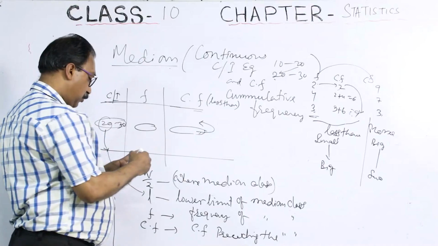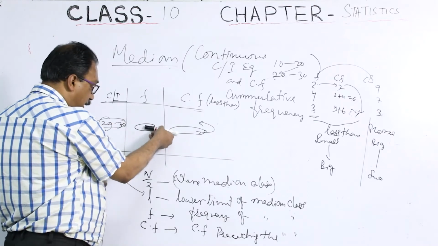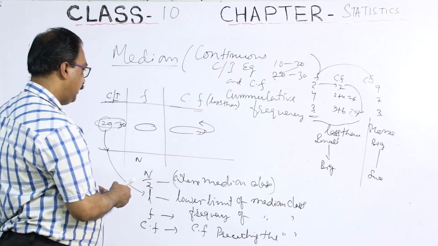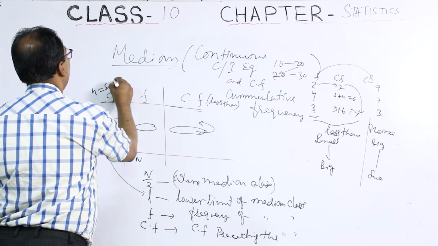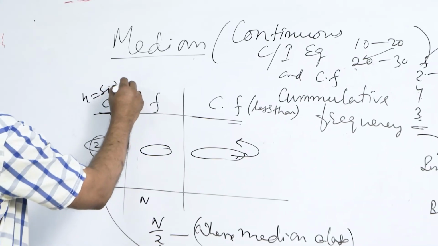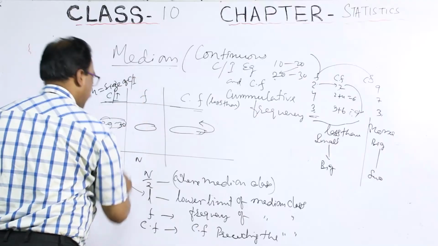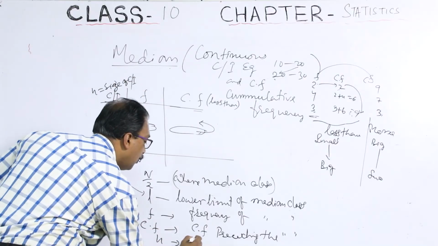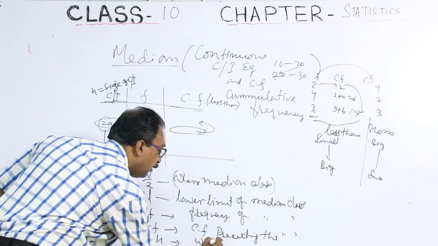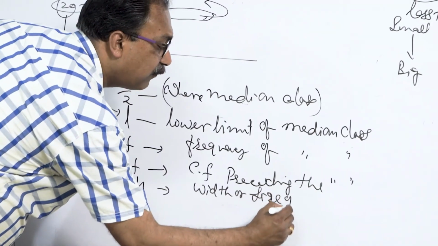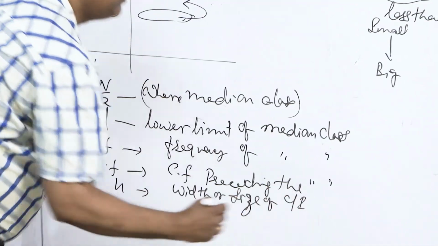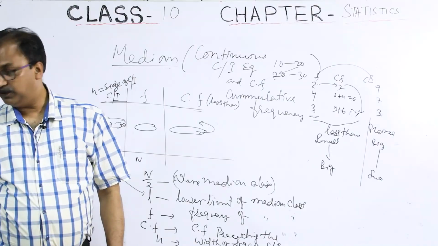Before where the median class falls on, you have to take just the one before, that cumulative frequency. And you have to take H. H is the width or size of the class interval. Understand? Now we come to the formula.